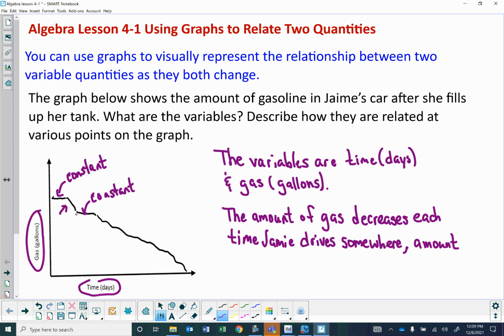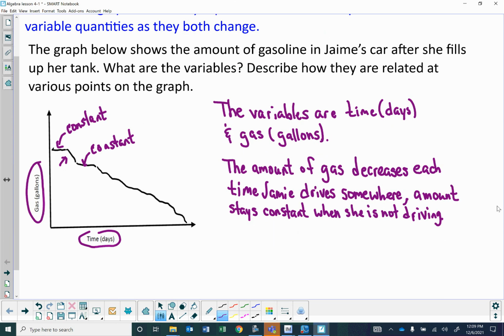So therefore, she goes down faster. And then here, it just gradually is decreasing over time. So those are how those variables are related at different various points on the graph.